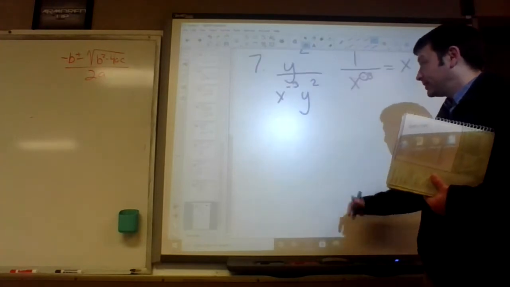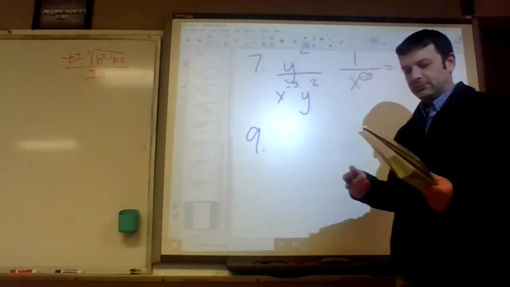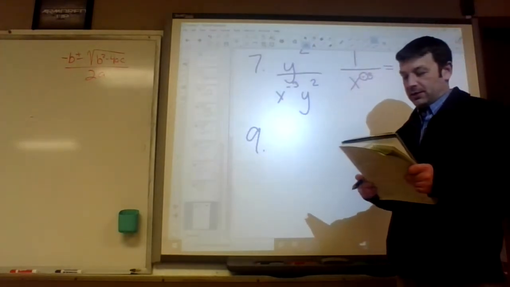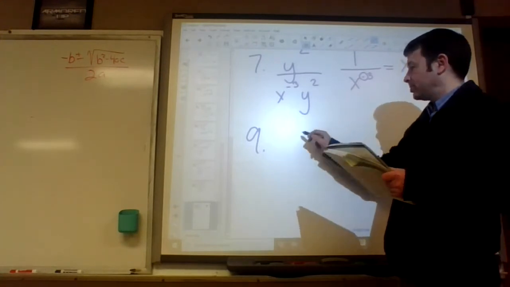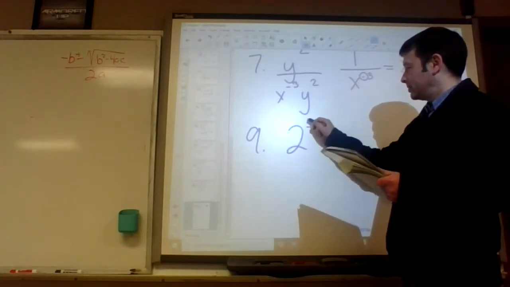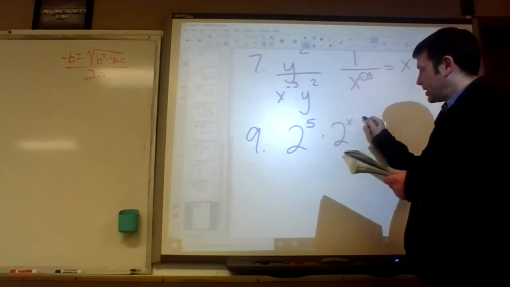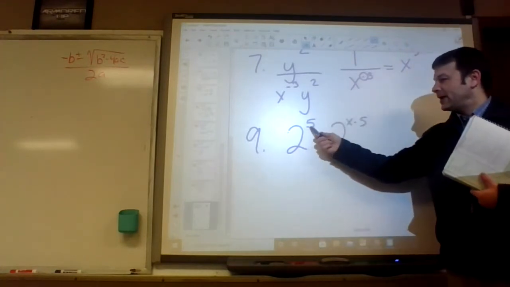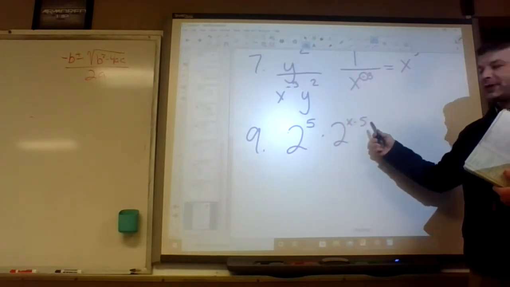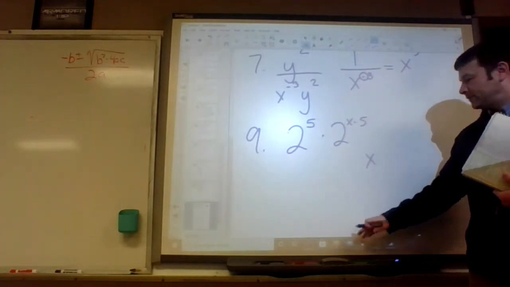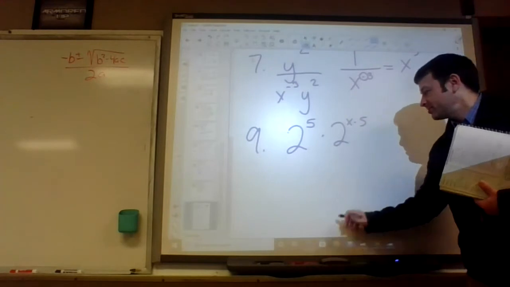Okay, number 9. What do we do when we multiply the same bases together? What do we do with the exponents? Add. So what is 5 plus x minus 5?